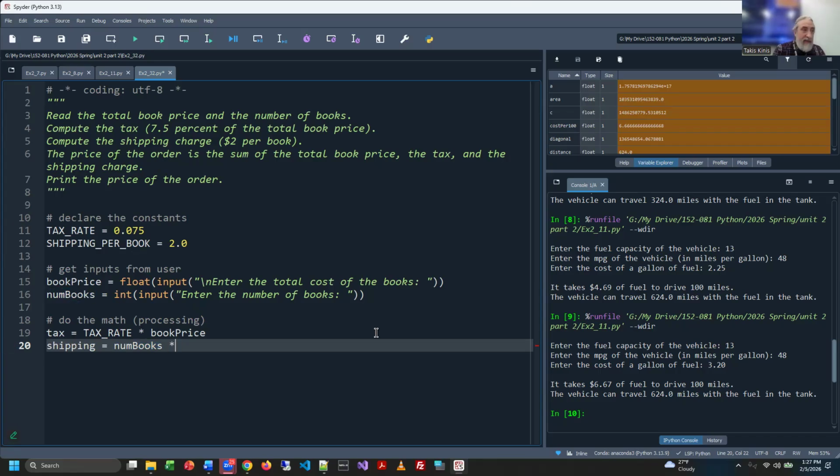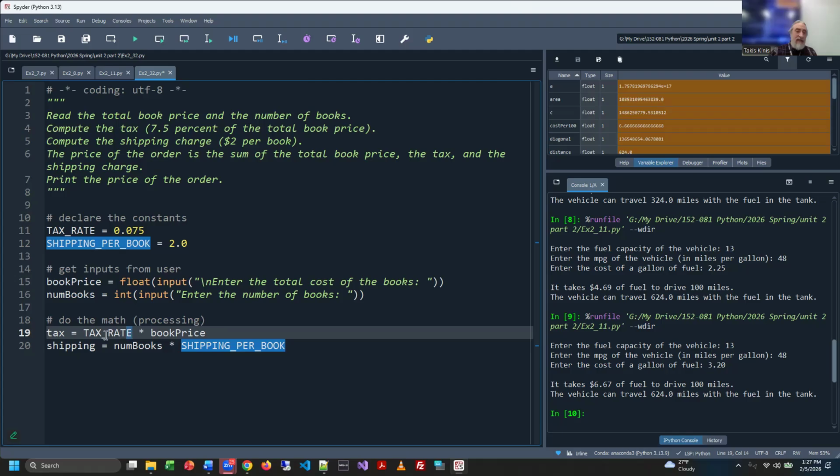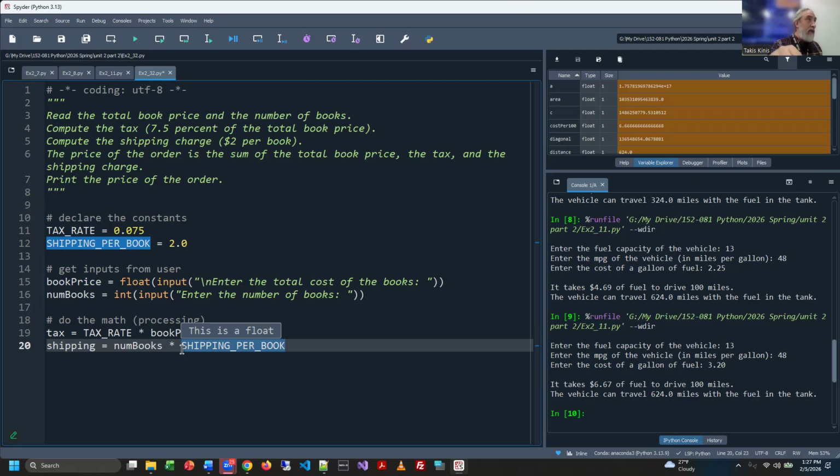And I just multiply that by the shipping per book, which is 2. So my point with the constants is I could just hard code 0.075 here, and I could just hard code 2 here. And when we hard code values, by the way, we call those literals. The value is literally 0.075, and the value is literally 2, right?